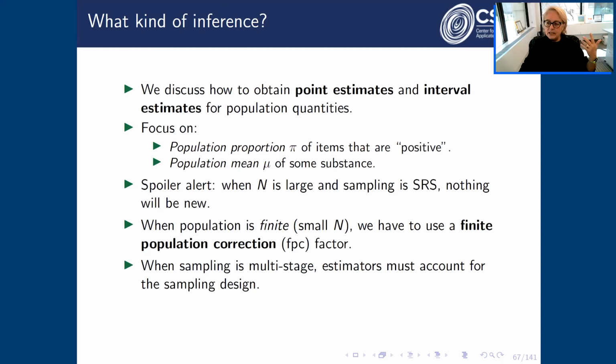When we think about inference, remember we talk about populations and parameters and samples and statistics. Statistics, we talked about them as being statistically justifiable guesses of these population parameters that are unobservable.